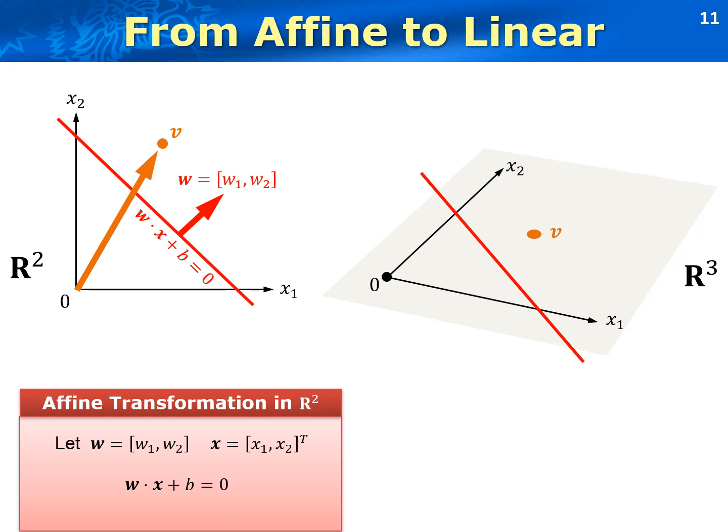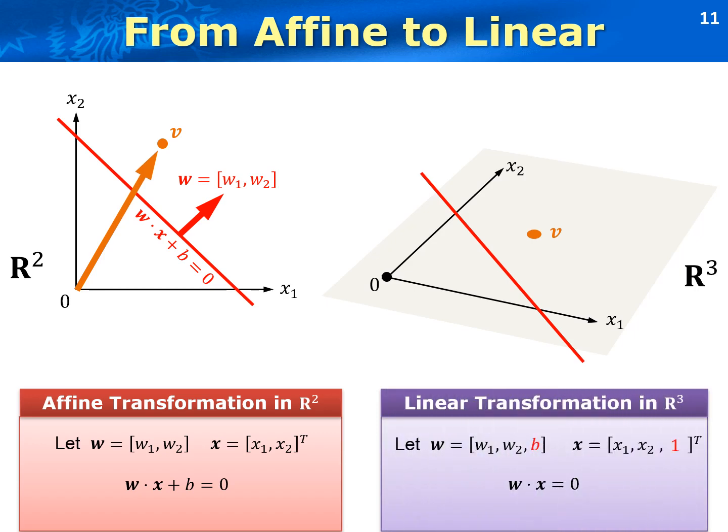Specifically, we can add an element b into the vector w and an element 1 into the vector x. Then, the line takes the form w times x equals 0 in 3 dimensions. In the vector x, we replace the last element 1 with x3 and add another equation x3 equals 1. As a result, the red line in 2 dimension becomes the intersection of the two planes in 3 dimension.